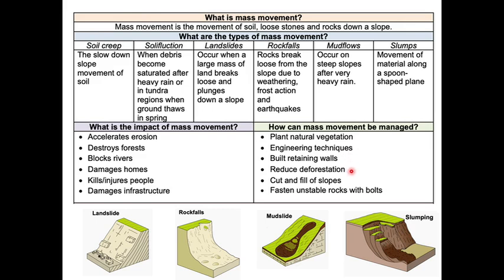Reduce deforestation. You'll see that actually joins up with planting natural vegetation. We want vegetation there because it will bind the soil. It can't move then, right? The cut and fill of slopes. If you see a steep slope, cut and fill and refill it. And then, if you've got unstable rocks on your slope, fasten them with bolts.